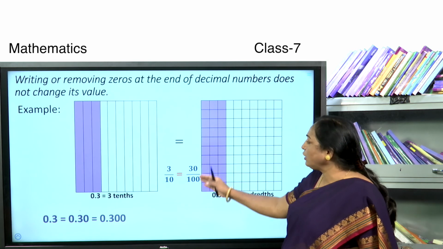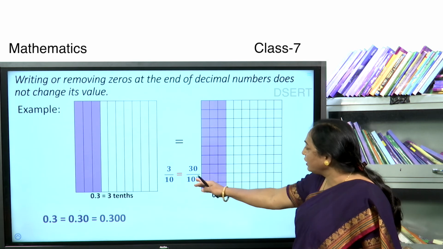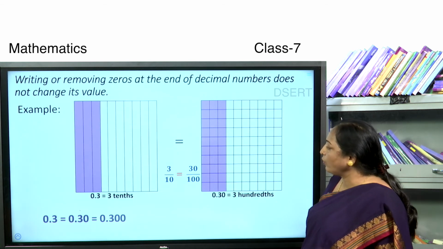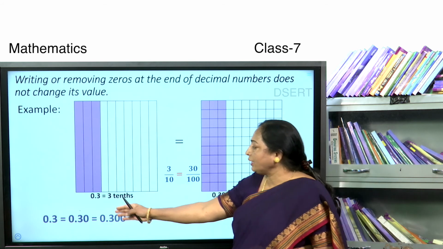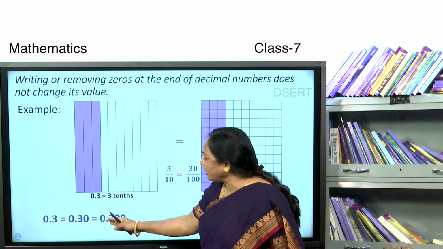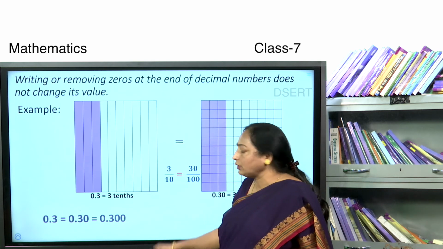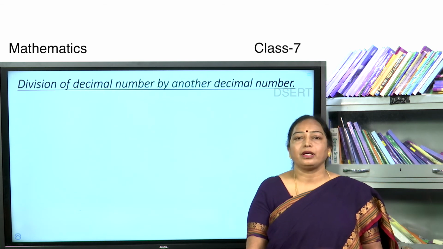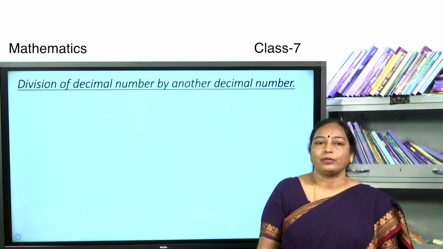The decimal form of 30 by 100 is 0.30. Therefore, 0.3 is equal to 0.30, which is equal to 0.3000.